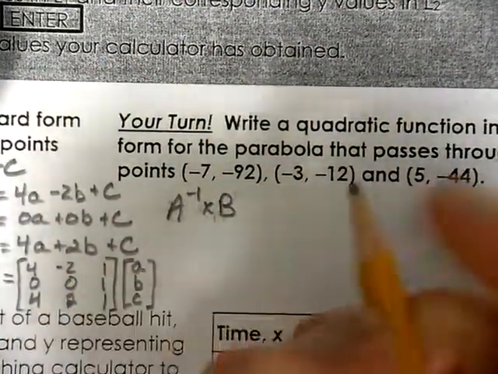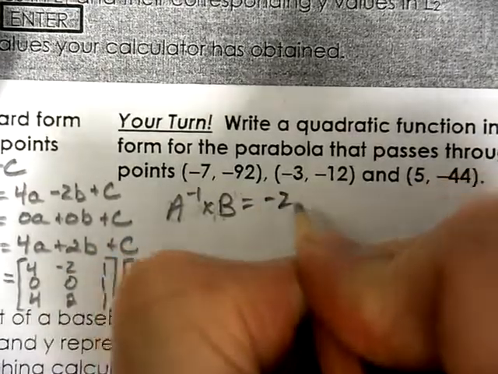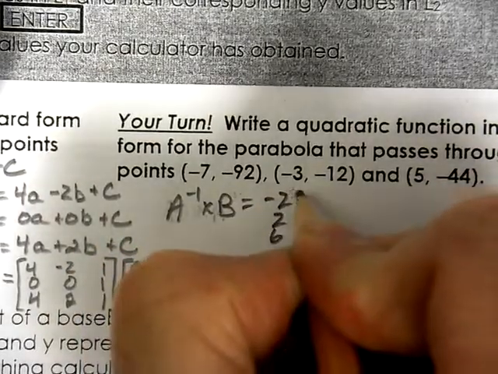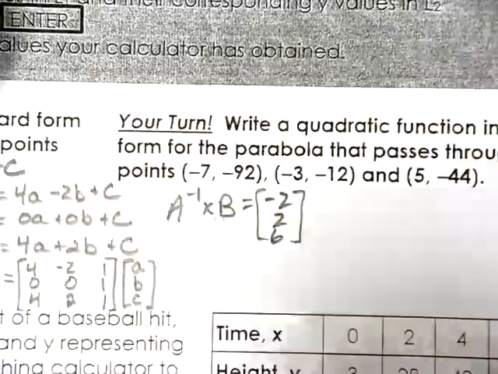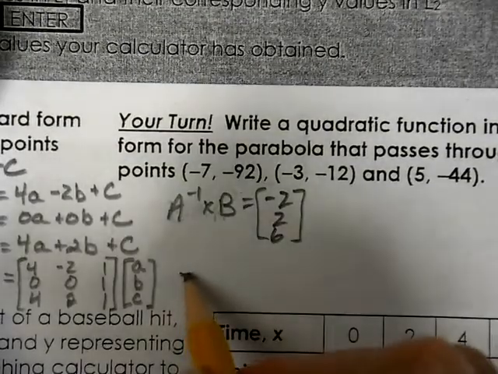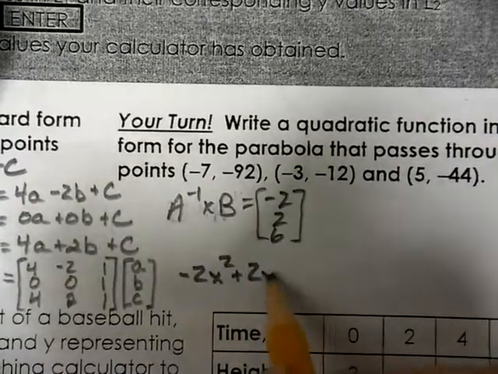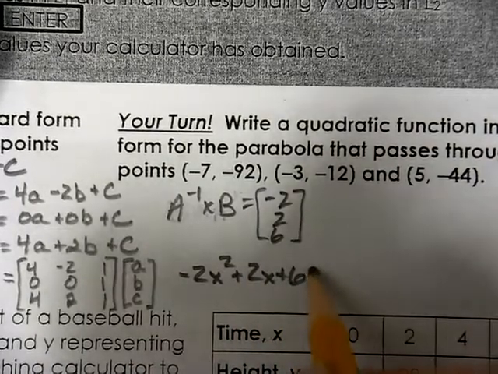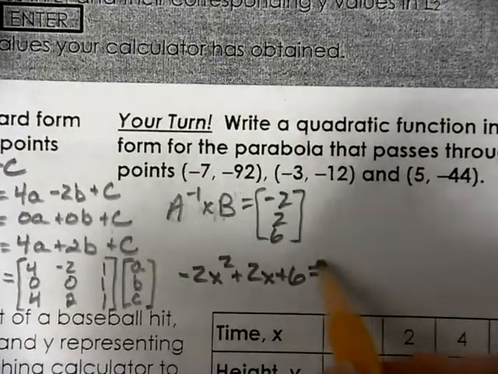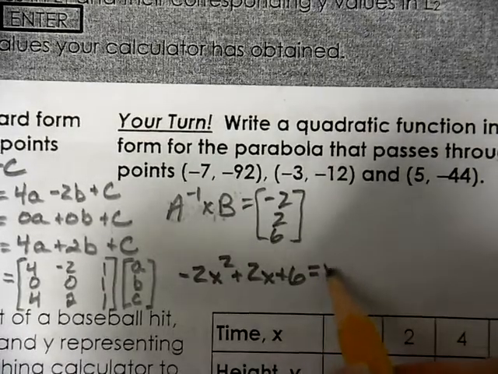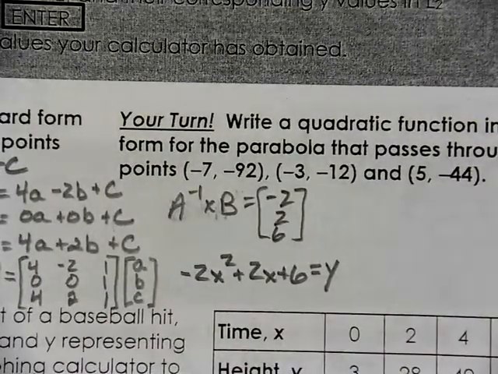A inverse times B gave us -2, 2, and 6. So what that means is we have -2x squared plus 2x plus 6 equals our y value. That's our equation.